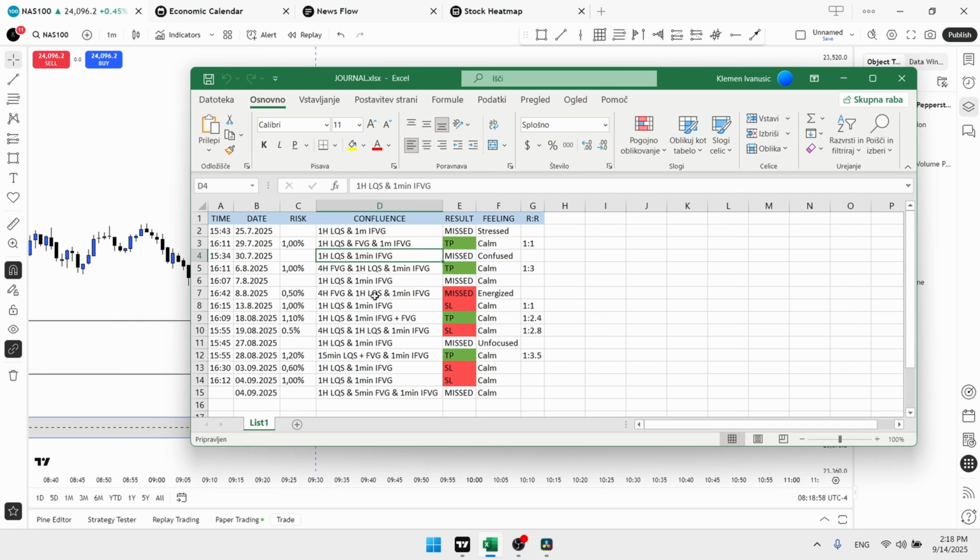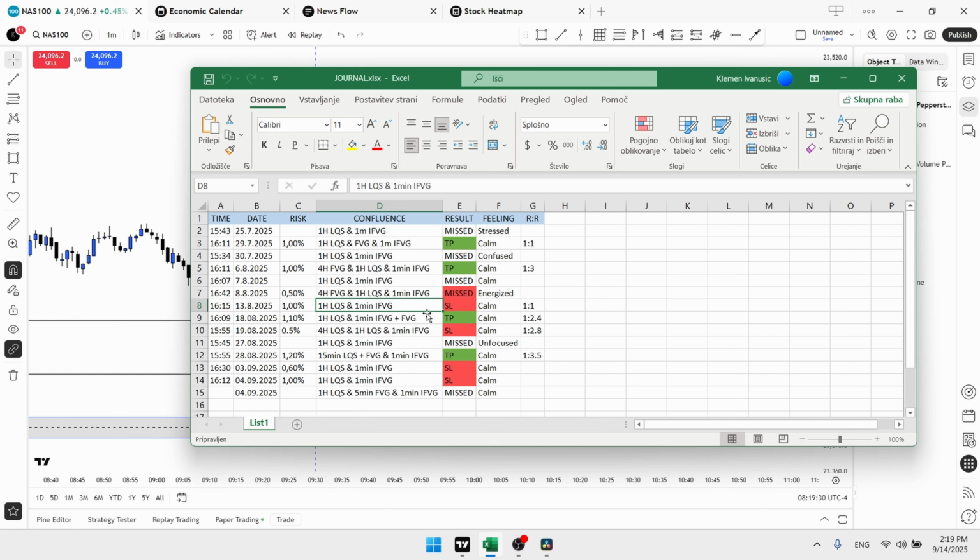And the results are very important: take profit, missed, stop loss. In the cases where you hit take profit, you can see I used 1 hour liquidity sweep, a fair value gap, and a 1 minute inverse fair value gap. When we look at the stop loss trades, I only used 1 hour liquidity sweep and 1 minute inverse fair value gap without the basic fair value gap.